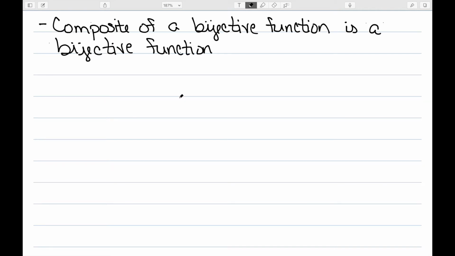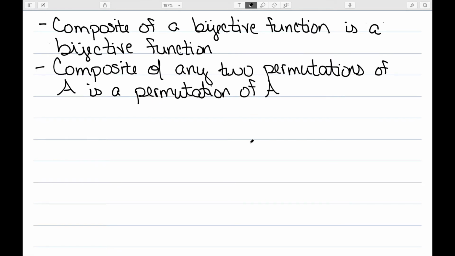Let's consider some things we know about these bijective functions. The first thing, the composite of a bijective function is a bijective function. So combining two bijective functions under composition still gives me a bijective function. And this is something I proved in another video. To relate that back to my permutations, the composite of any two permutations of A is another permutation of A, since these permutations are just bijective functions.